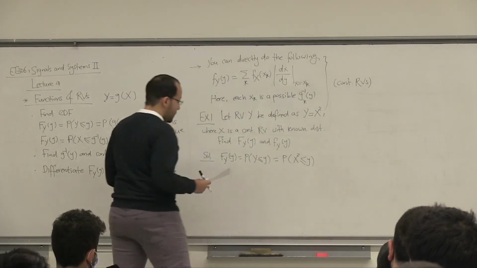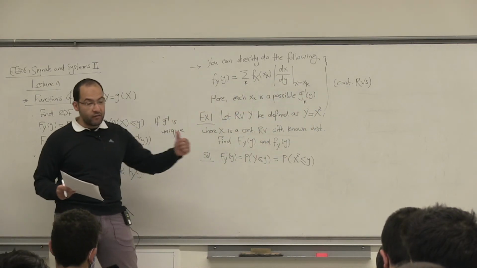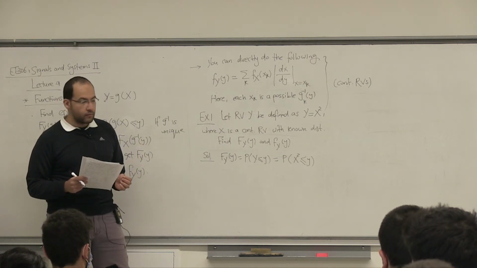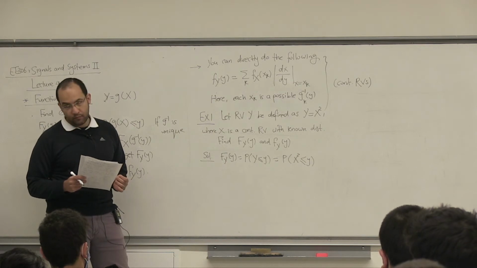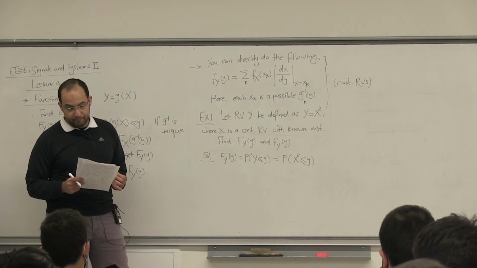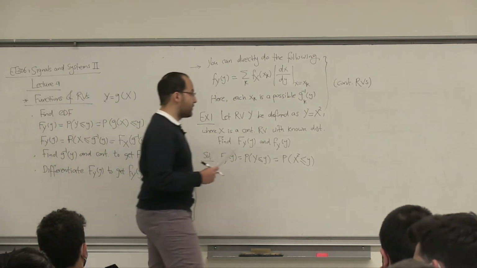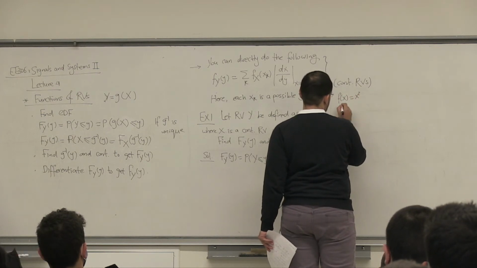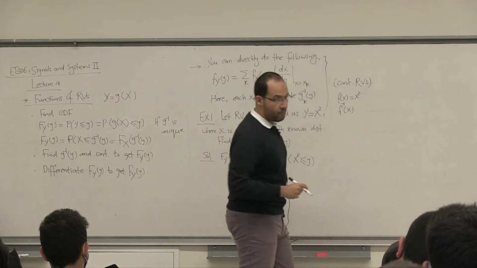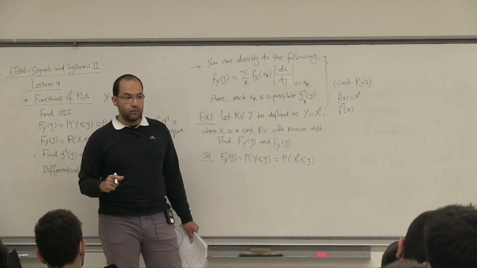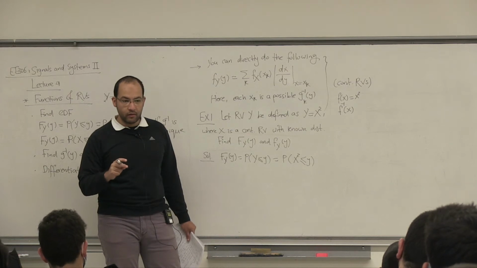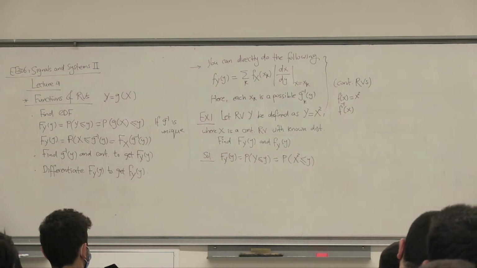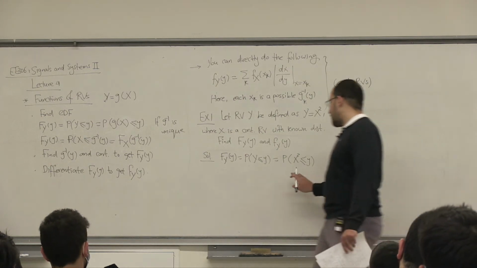If you have the function f of x equals x squared, the inverse function, is it a unique function? No, right? There are two functions that can give you the answer. Square root x and minus square root x are both appropriate functions. So the inverse function here is not unique.